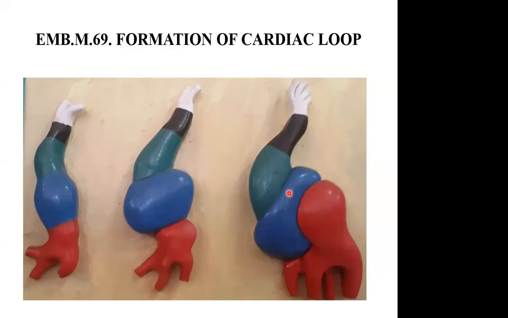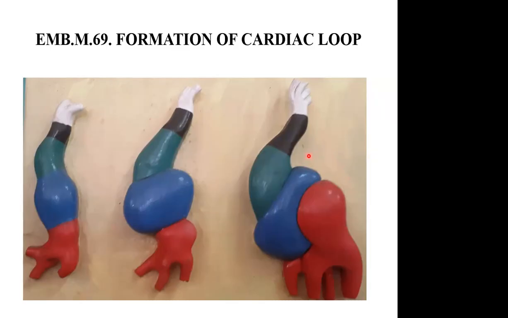At the same time, what happens to the atrium and sinus venosus? They go up dorsocranially. So this part comes down to the right, and this part goes up, to the posterior aspect as well as cranially.